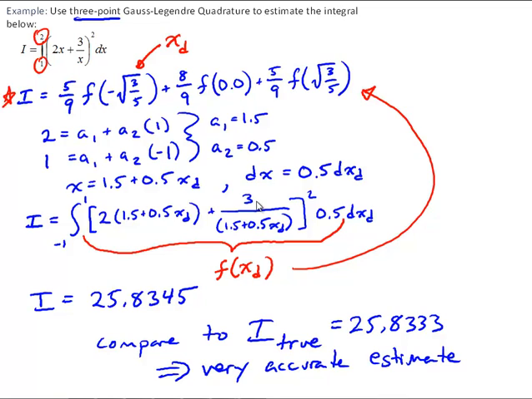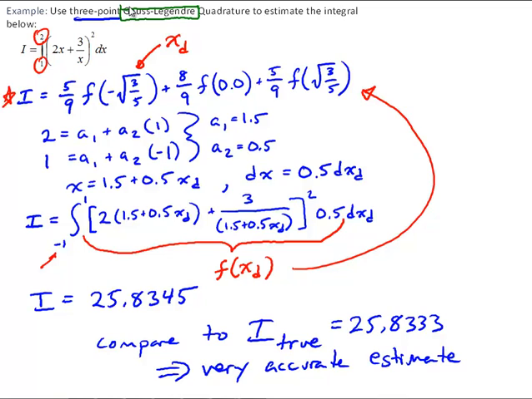So the key to implementing Gauss Quadrature is understanding how to shift the variable as necessary to get our integration limits in that -1 to 1 range. And just to be clear, this approach I've talked about in this video is the Gauss Legendre approach to quadrature, but Gauss Quadrature in general refers to that basic idea of strategically using a linear combination of function evaluations to approximate an integral.